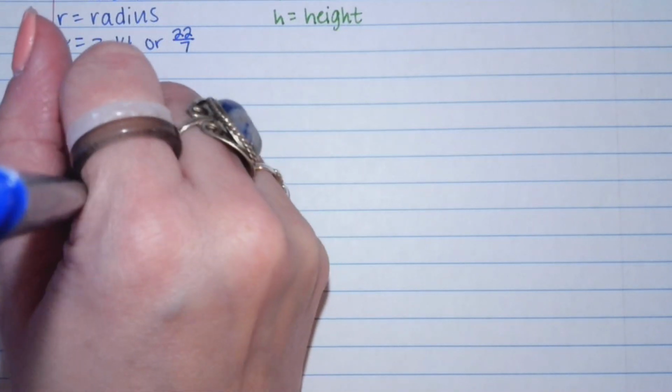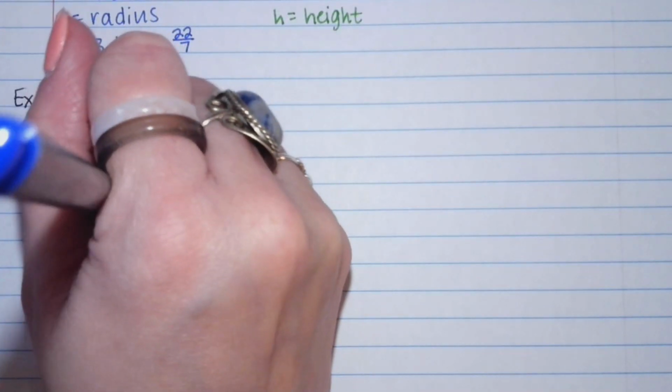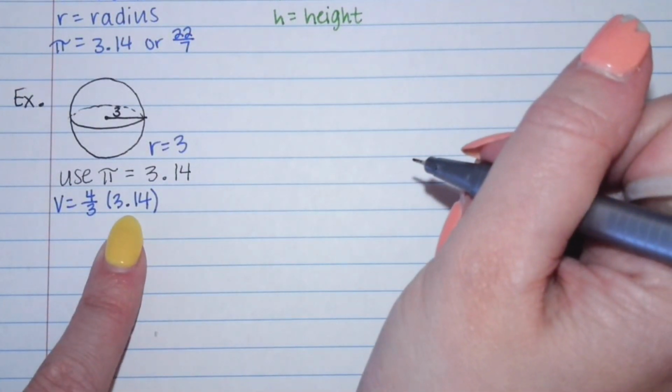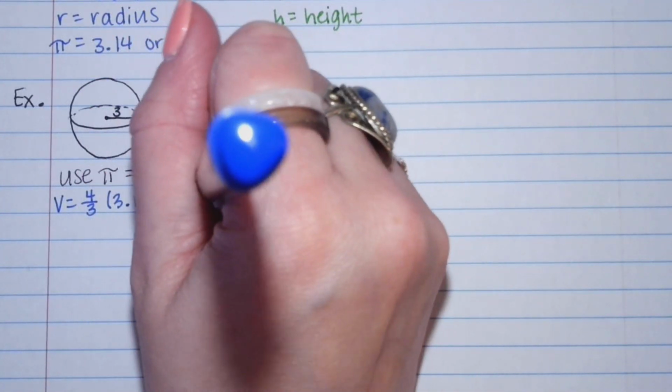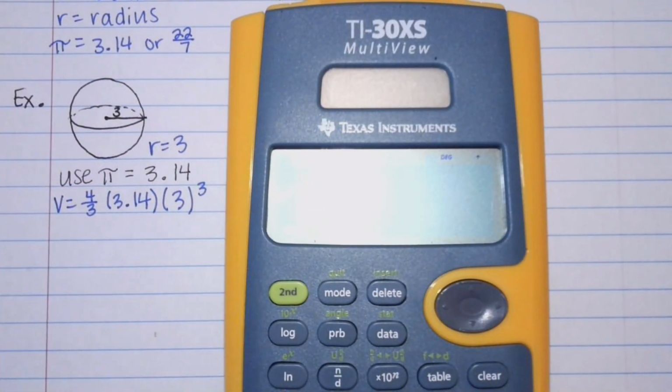So V equals 4 over 3, and that's always 4 over 3. Pi, we're going to substitute to 3.14. When we substitute, we should put our values in parentheses. And then the radius is 3, and that is to the third power. In my calculator, I'm going to put this in exactly how I see it.